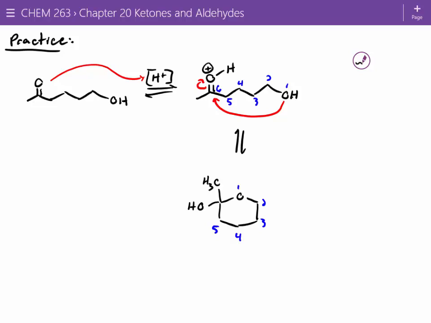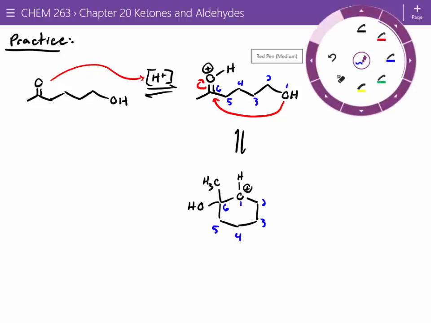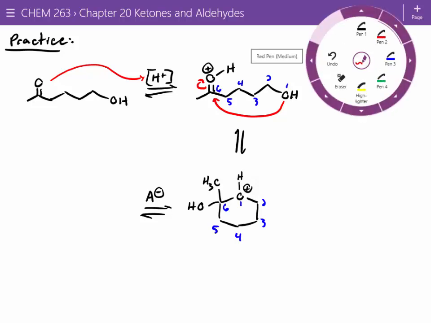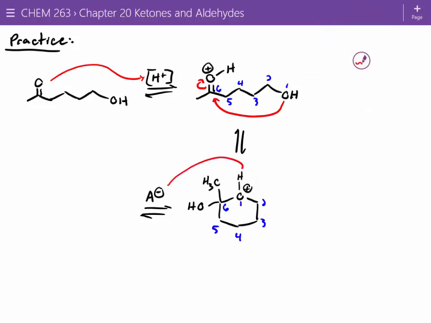And then we also need to remember that this oxygen that got added in is now protonated. Let me move these to the inside. Okay, what do you think the last step is going to be? If we've got our conjugate base around, maybe this can deprotonate.